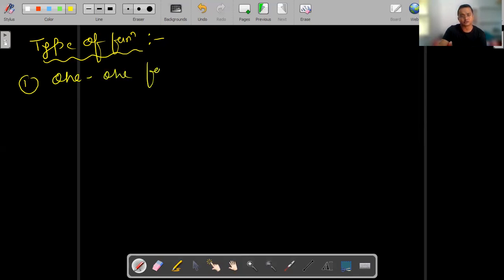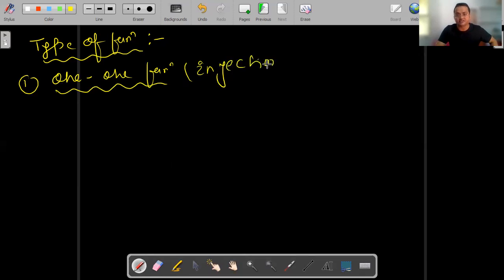So what is a one-one function? And one more thing, a one-one function is also called an injective function. In some of the books, you can see that it is written simply as injective. So you have to understand that a one-one function is only an injective function.